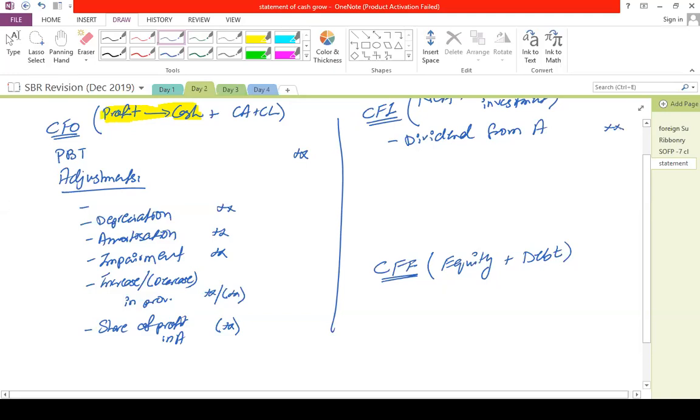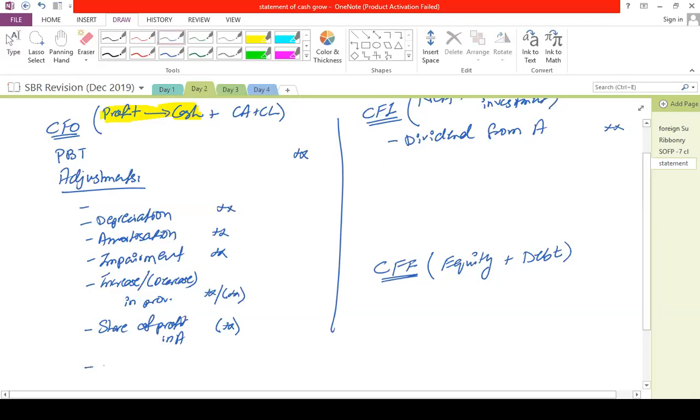So that will be added in the investing activity, and the share of profit will be deducted from the operating activities. So the share of profit is reversed from the operating activities and the dividend is added in the investing activities. Yes, Ahmed Nabi, we're going to come over there.